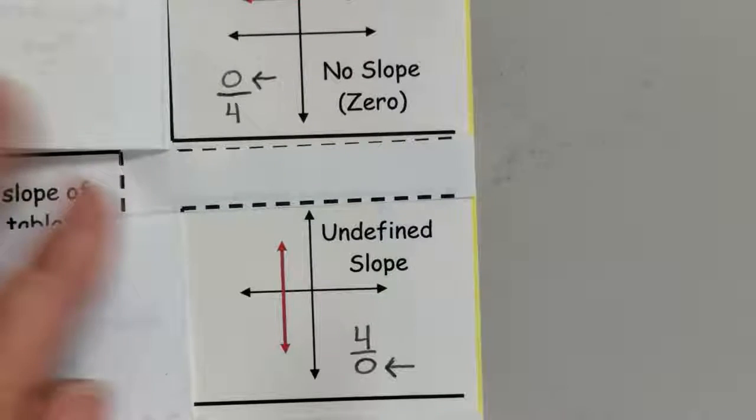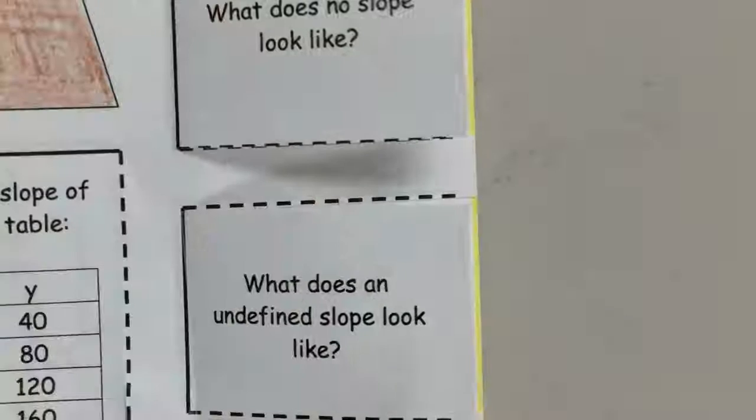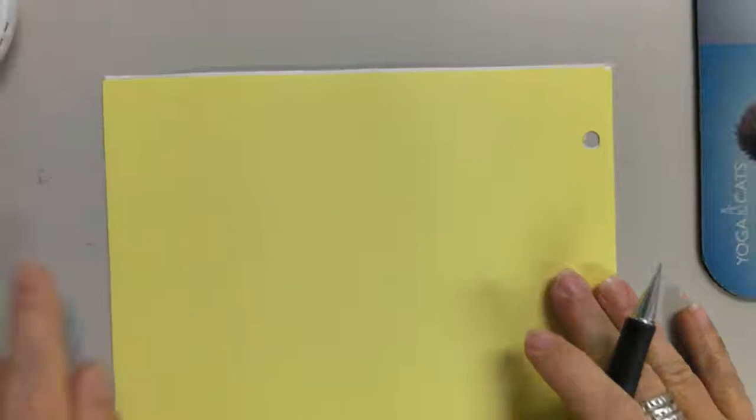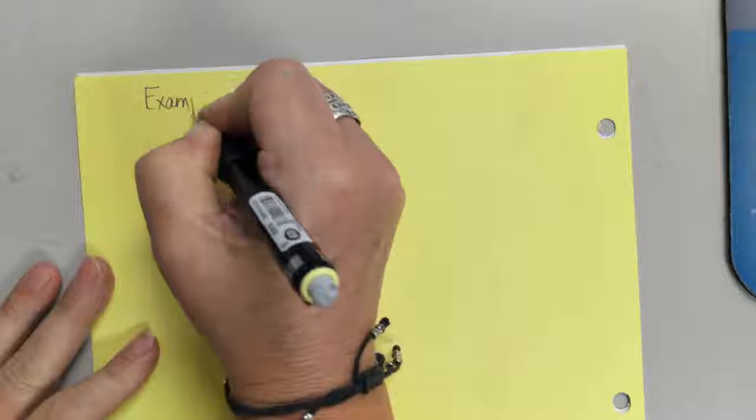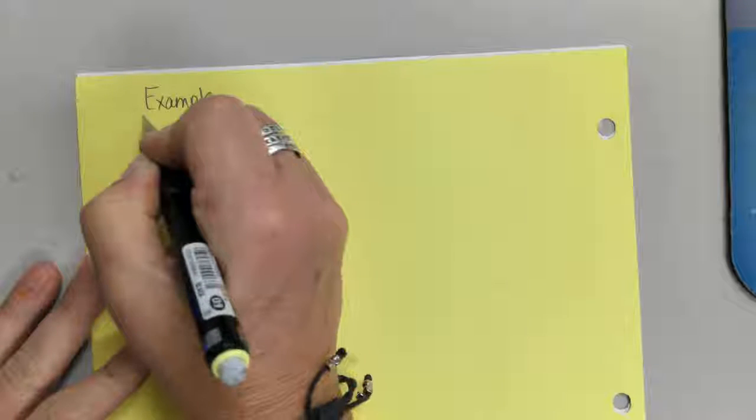Okay? Now there's one more type of question that's in this lesson that I want to work with you. I had everybody in class turn over on the back of their foldable, and we just worked this example together. So this is an example where you're asked to find a missing coordinate.